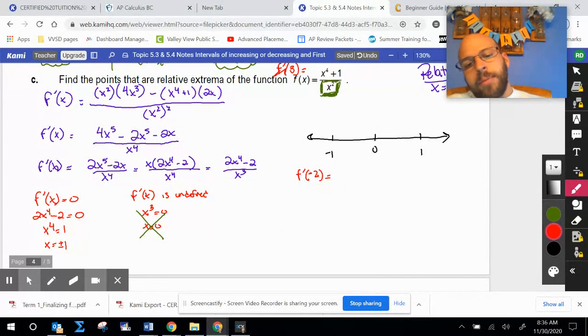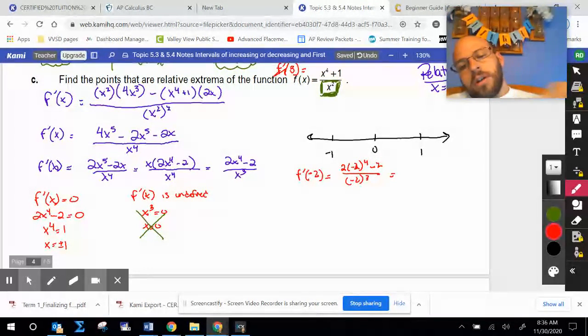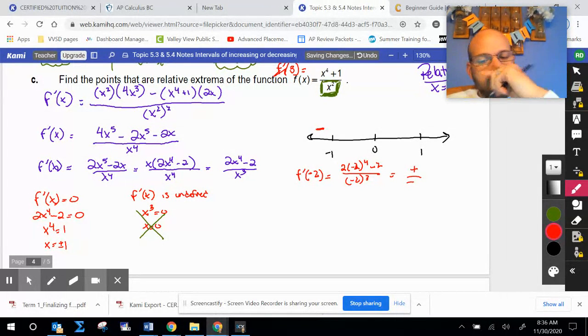So I'm going to do f prime of -2. So I have 2 times -2 to the 4th minus 2 all over -2 cubed. So I'm going to get definitely positive on top. -2 cubed is negative, so that would be a negative answer.